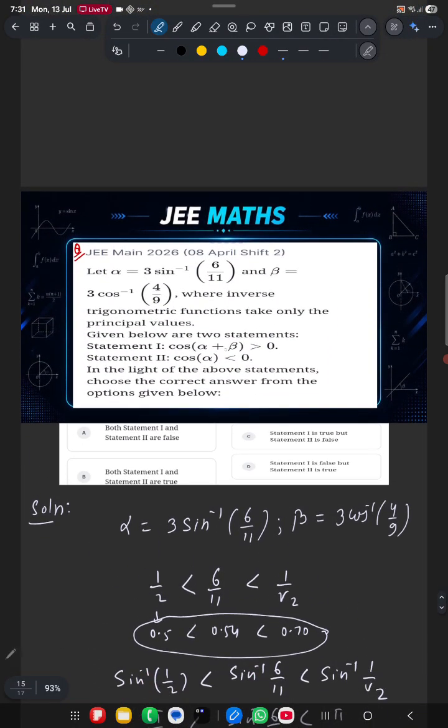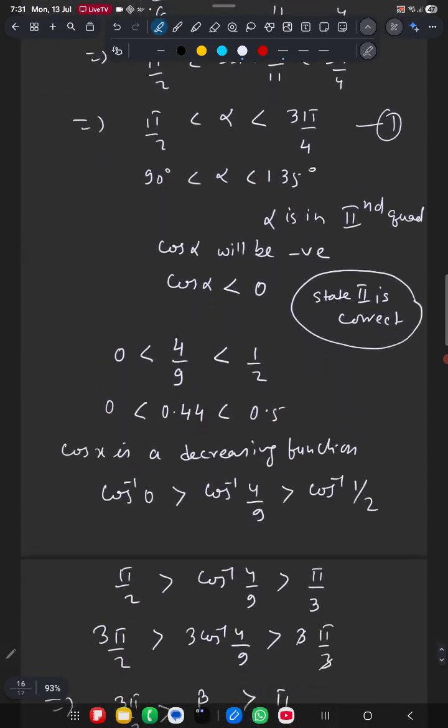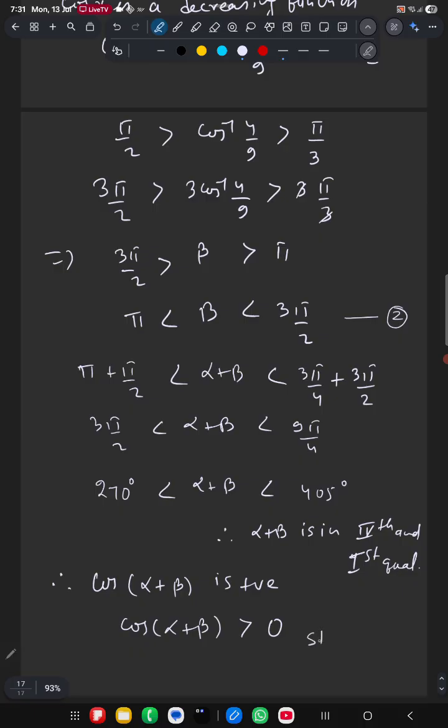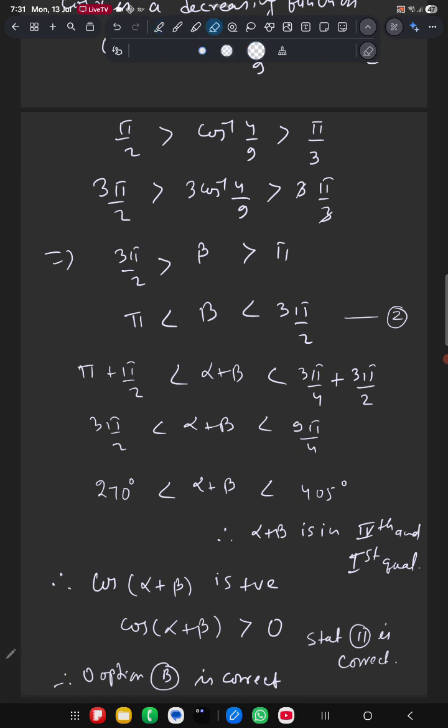So both statements are correct, statement 1 and statement 2. Therefore option B is correct. This is all about the solution. Thank you.